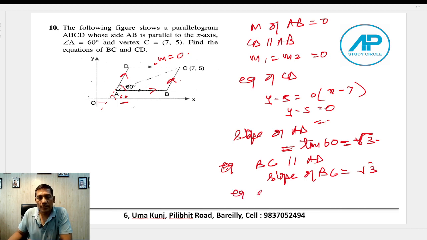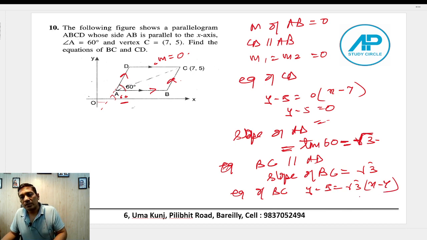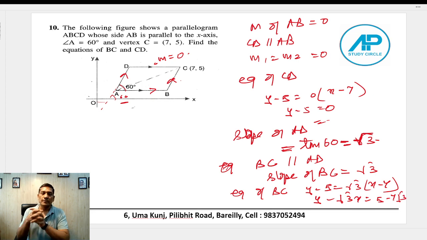So equation of BC, y minus 5 equals to root 3 into x minus 7. You can find the equation ultimately: y minus root 3x equals to 5 minus 7 root 3. That is the equation for line BC.